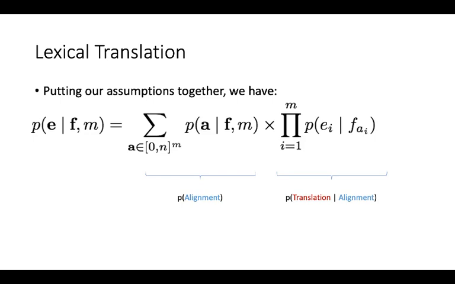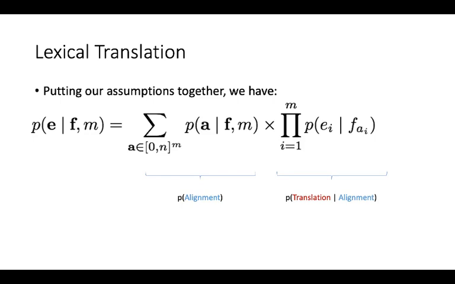Let's say you hear some foreign language, in French, and you want to have a rough guess of how many English words it would be. For example, M. It can be a predefined number. And let's say I have a specific word alignment A here. A is a vector, an n-dimensional vector.